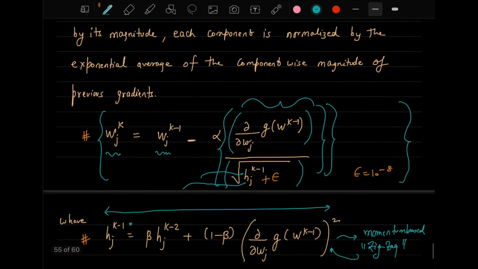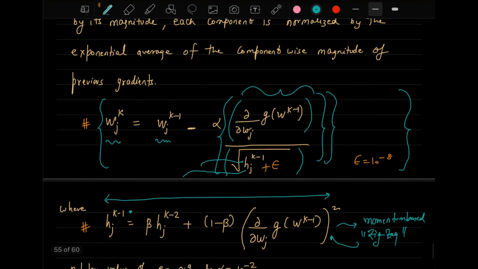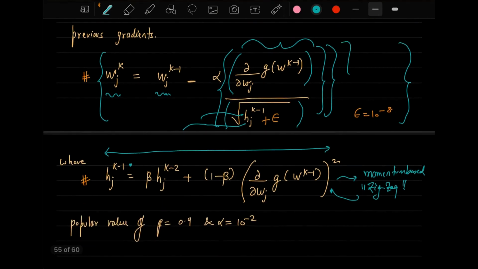So both these ideas are fused together to form one single equation, which is this one along with this, and this is called RMS prop, with the value of beta as 0.9 and alpha as 10 to the power minus 2, which are the typical values that they use.